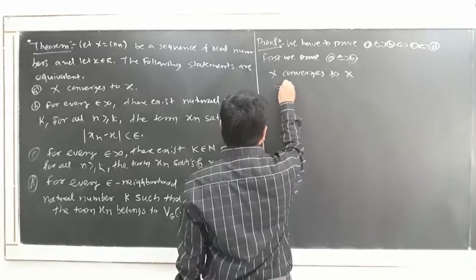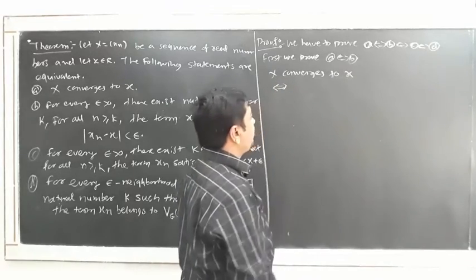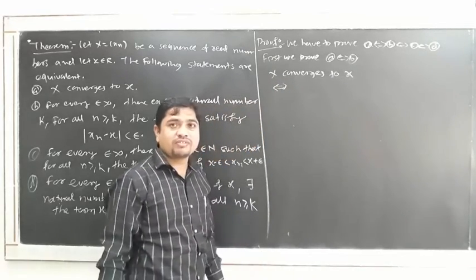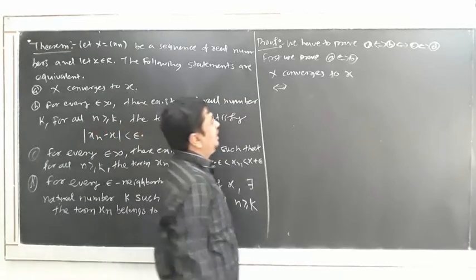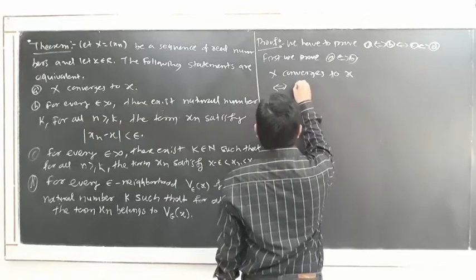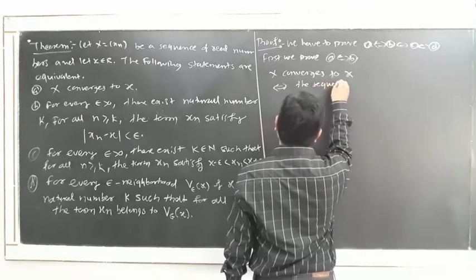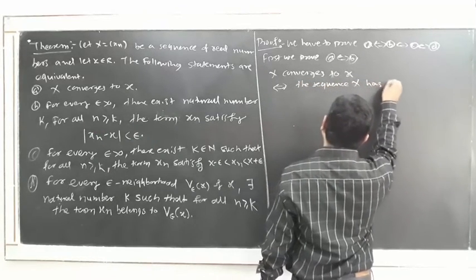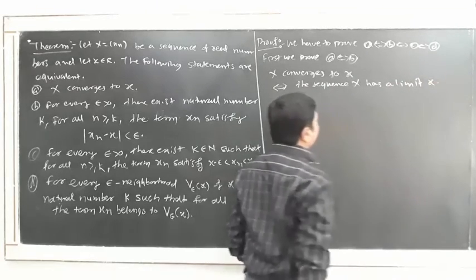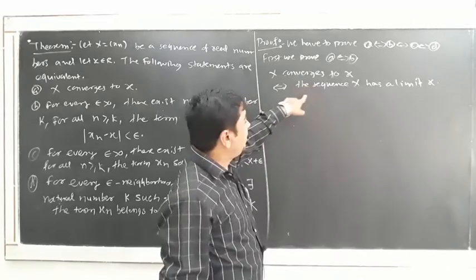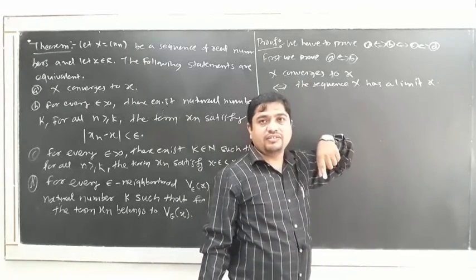Both way implication we can write. X converges to x means the sequence X has a limit x. Convergence to x means it has a limit x.